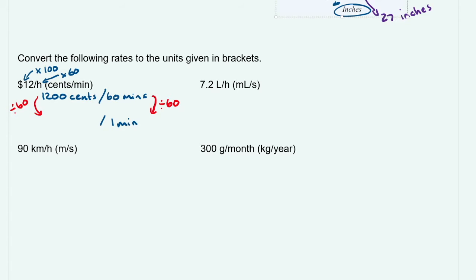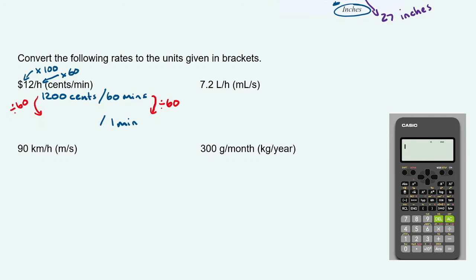And let's just see that in the calculator. So there's our calculator. And we want 1200 divided by 60. We get equals 20.